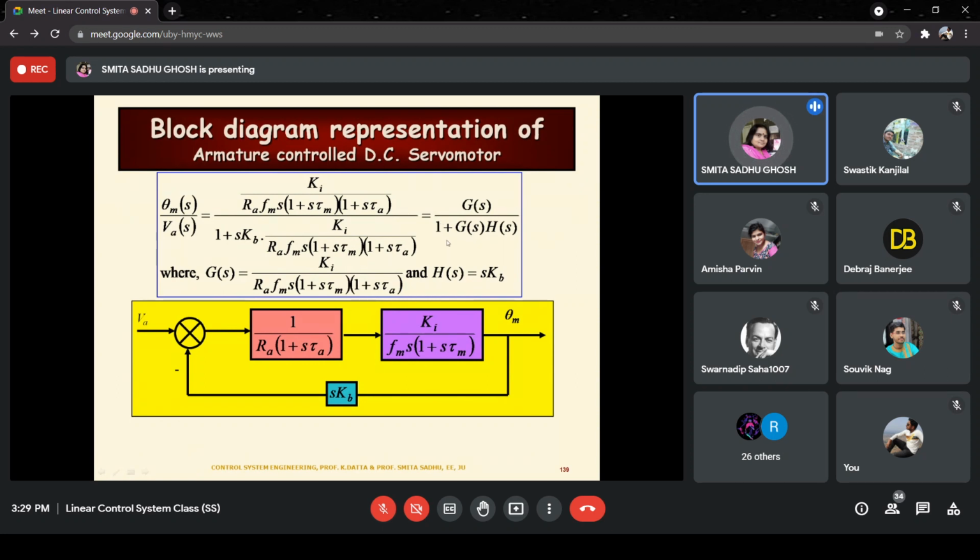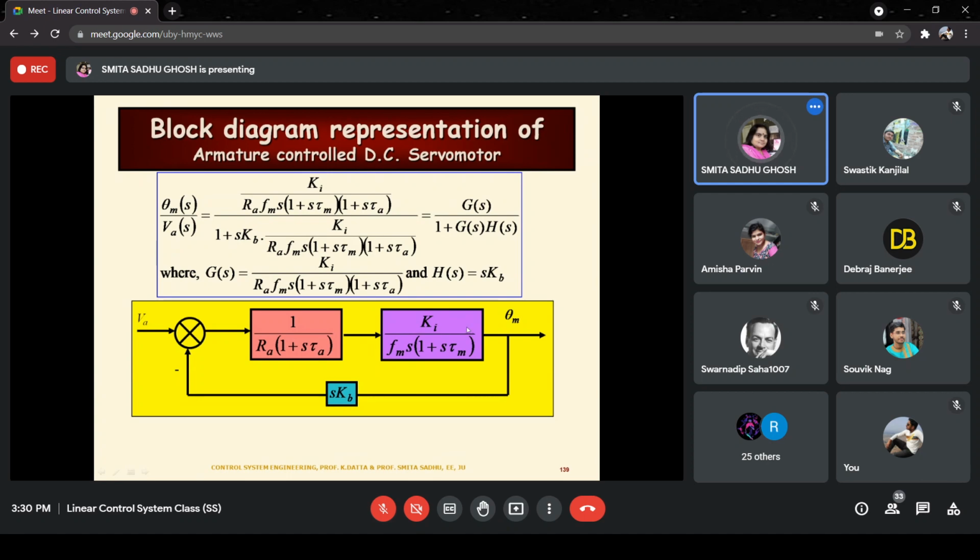From there now we can try to draw the block diagram as a feedback system like this, as shown over here in this diagram. In this diagram, note certain things. First of all, the forward path transfer function has been broken up into two parts. One is the electrical part and the other is the mechanical part of the transfer function.